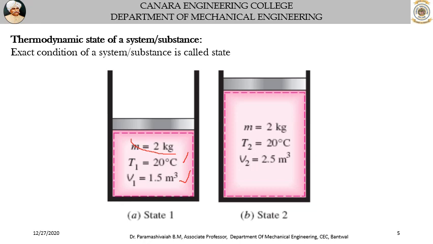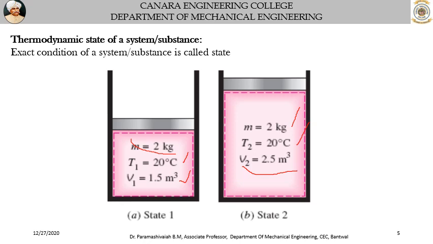Then next, if you see the state 2, the same substance, maybe it is a fluid which can expand. Now the mass remains same, 2 kg. The temperature at state 2 is 20 degrees Celsius, but the volume has increased. The volume has changed from 1.5 to 2.5 meter cube. Okay.